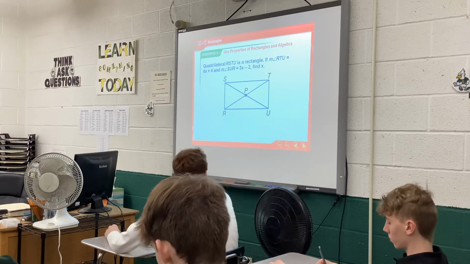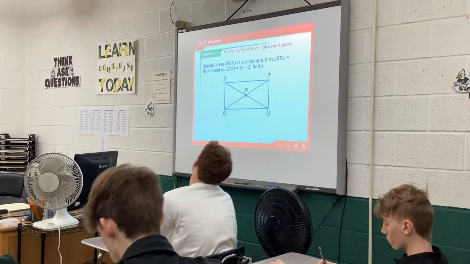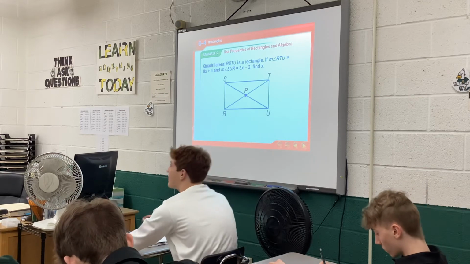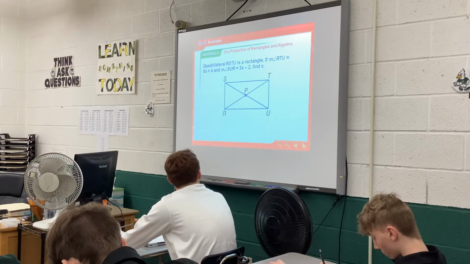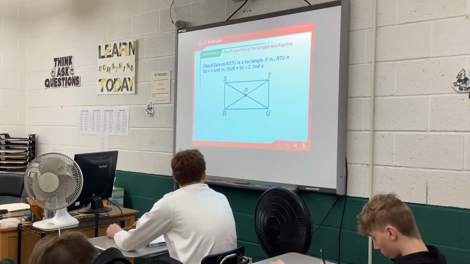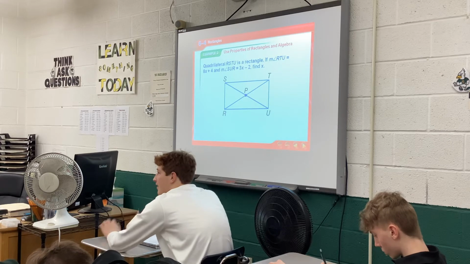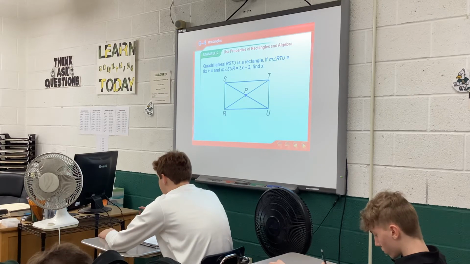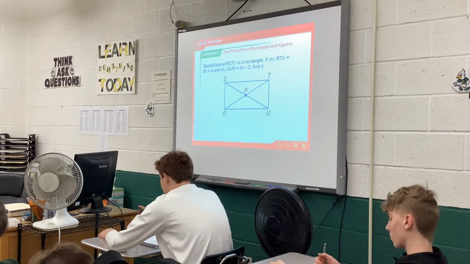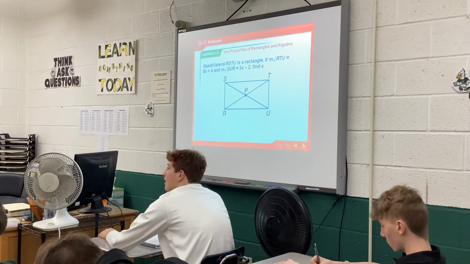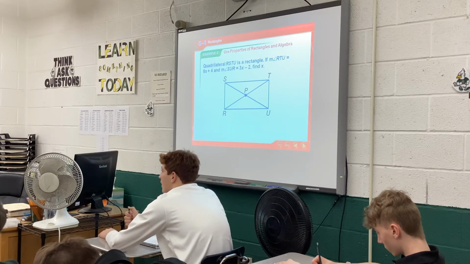Are you just guessing, or is that a confident yes? Okay. So it is a rectangle, so even though they didn't put a box, which is a great point, because they tell me it's a rectangle, then that has to be one of the criteria, right?